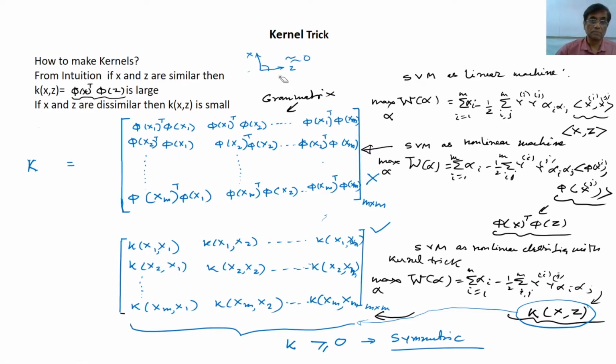So the dot product between similar vectors is similar to 1, and between dissimilar vectors is 0. Seeing the class representative samples' behavior, my kernel should be able to capture that.